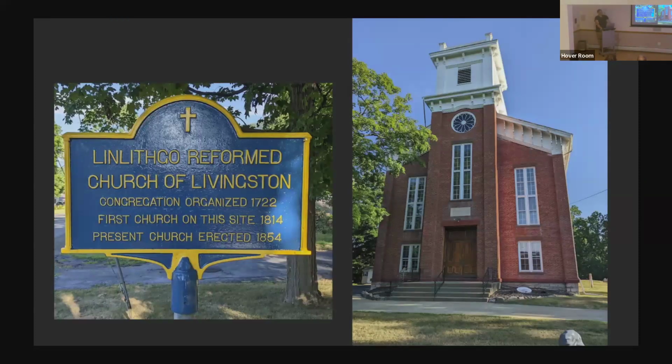Another interesting aspect of Revolutionary War history here in southwestern Columbia County is the story of Colonel John McKinstry. Now, he was a colonel. He was involved in the Battle of the Cedars, which occurred in Canada outside Montreal in I believe April 1776.